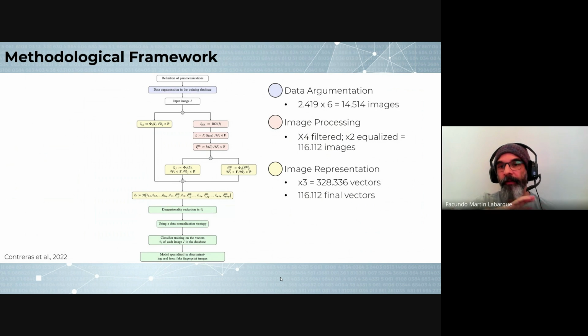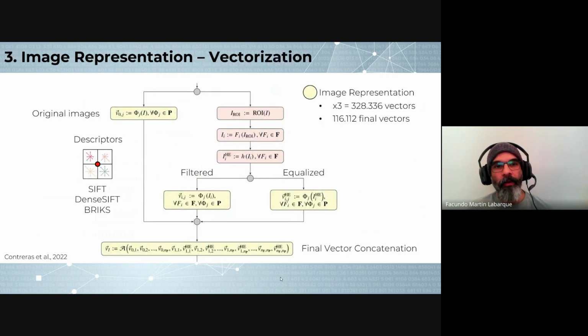In this part of the system, we actually transform the pixels into vectors. I'm going to tell you more specifically what we do. On one hand, we have the original images. To these original images, we apply different types of descriptors that transform the pixels into vector information, and we apply different descriptors like SIFT, DenseSIFT, and BRISK. We did the same to the filtered images and also to the equalized images.